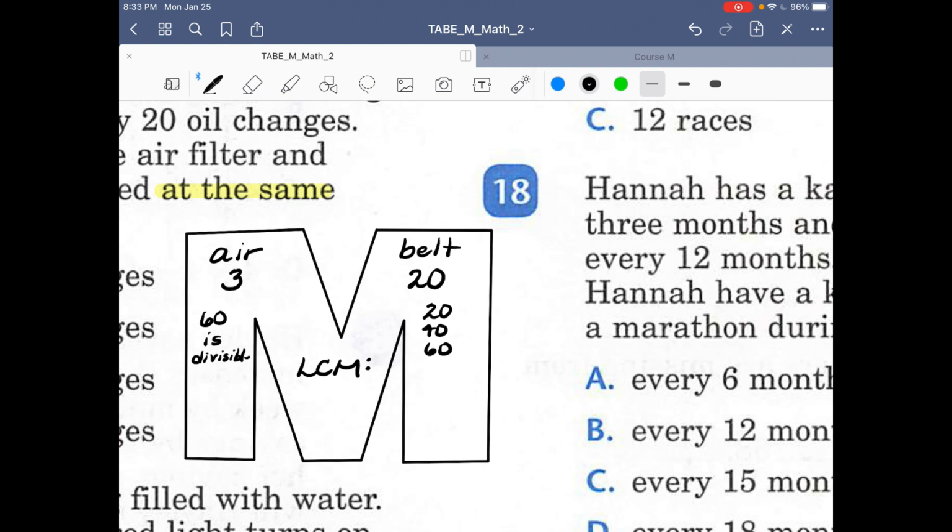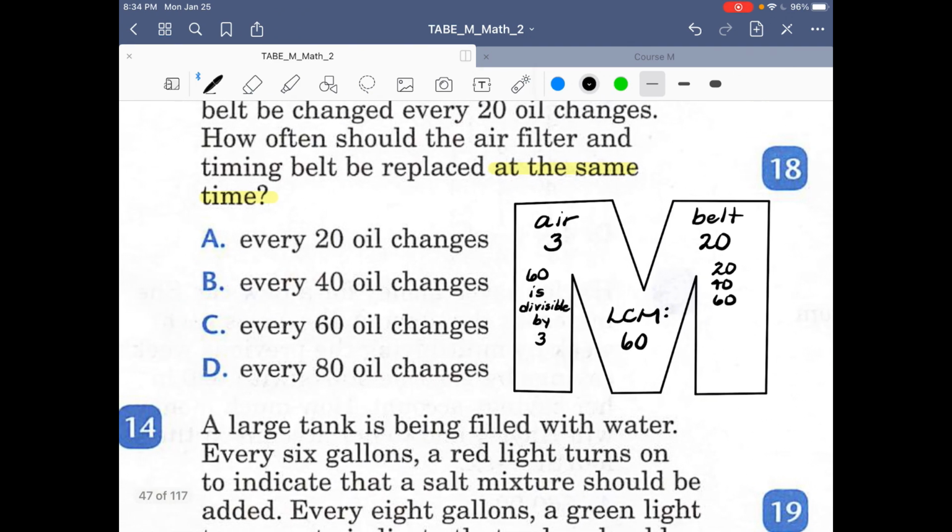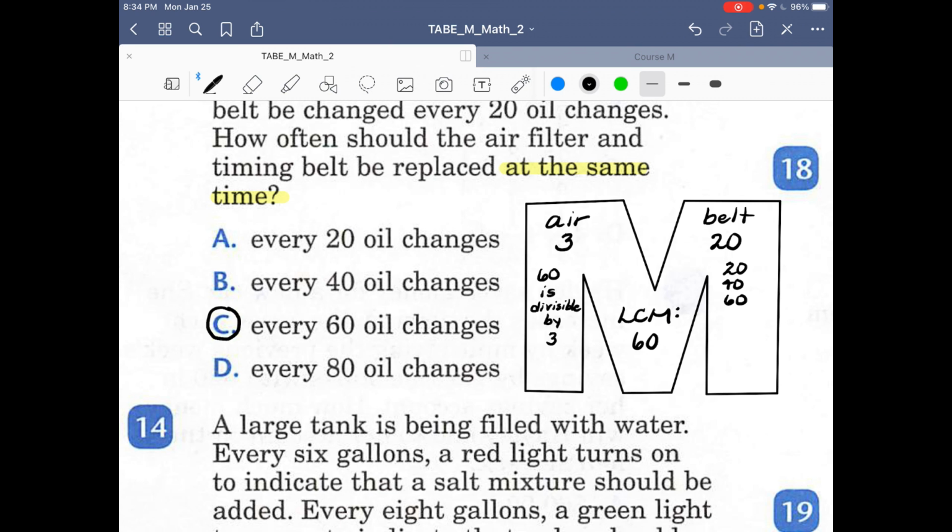So I'm going to use the 60 as my least common multiple. So every 60 oil changes. I don't know that my car has had 60 oil changes. That's a lot. You would replace both the air filter and the timing belt at one oil change. So number 13 is C.